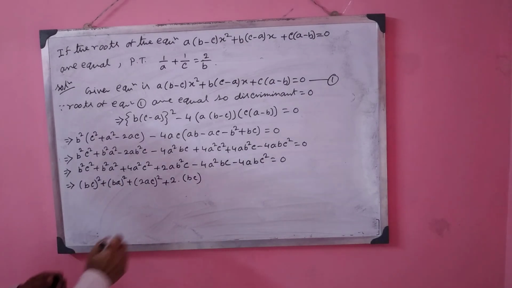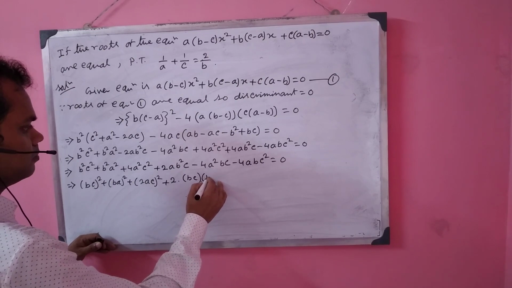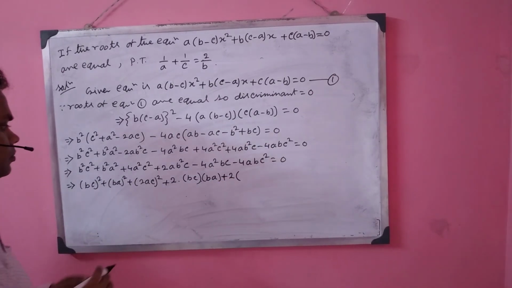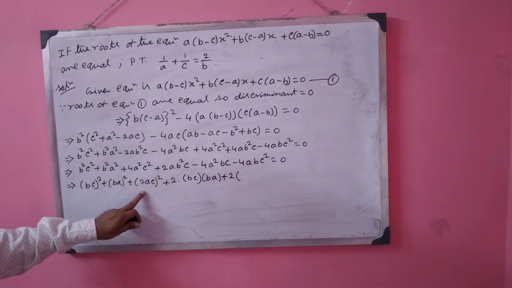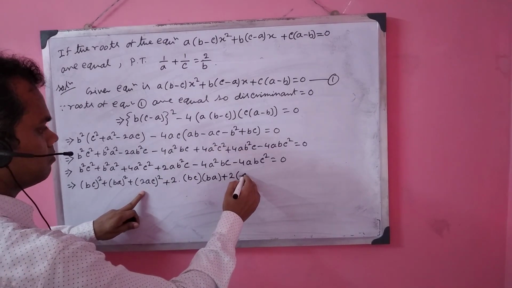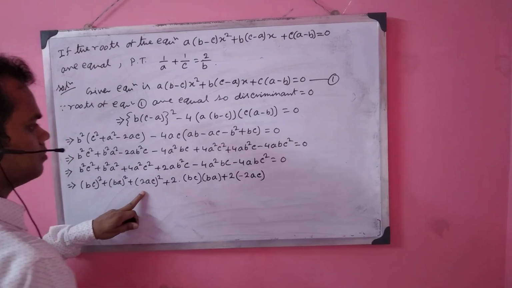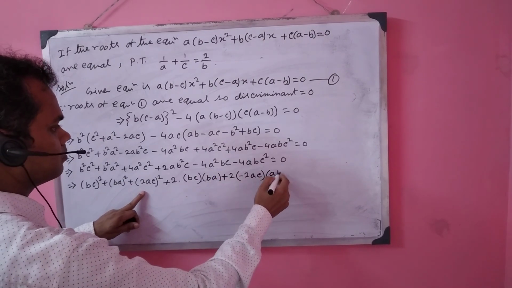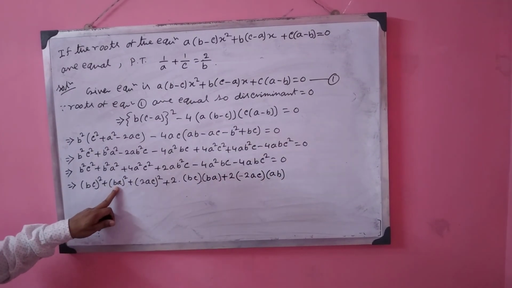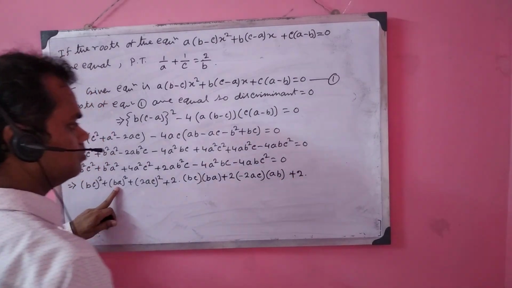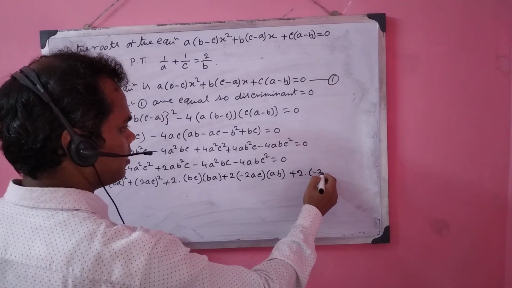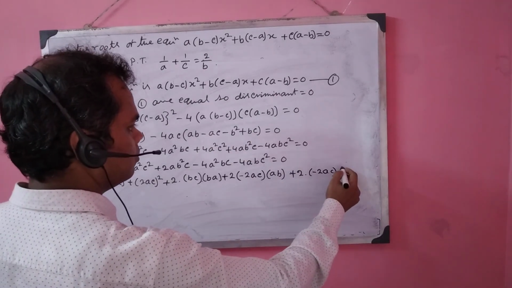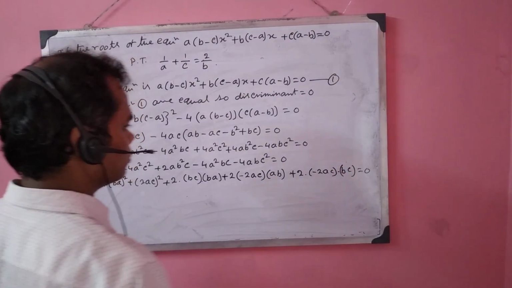So the cross terms are 2(bc)(ba), minus 2(2ac)(ba), and minus 2(2ac)(bc), equal to 0.